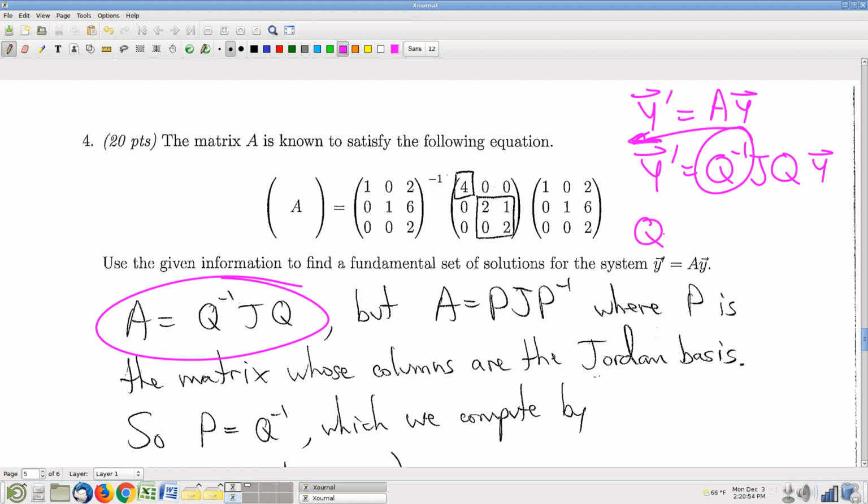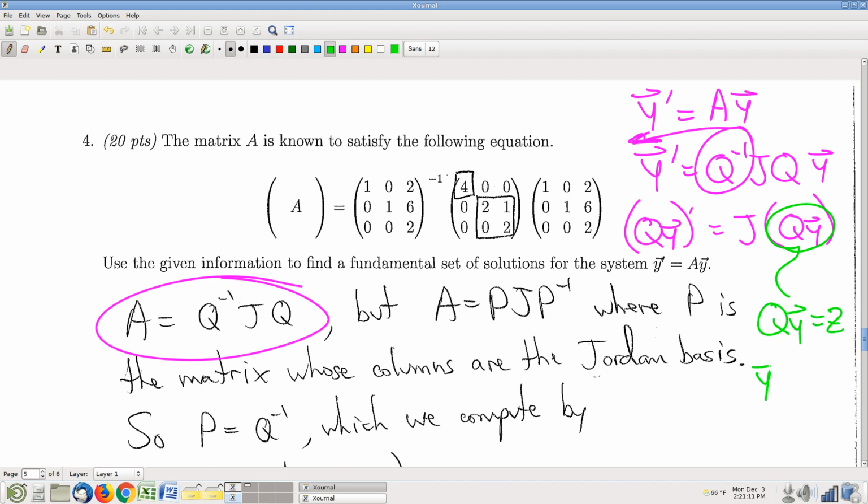You get QY prime equals J QY. And notice that your motivation here is to refer to QY as Z.